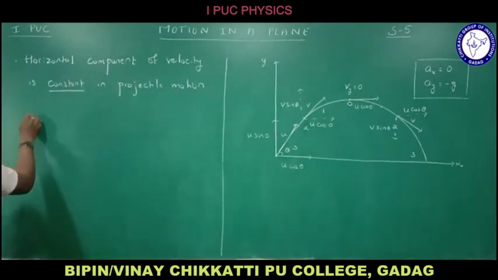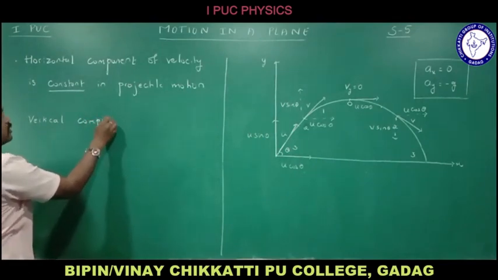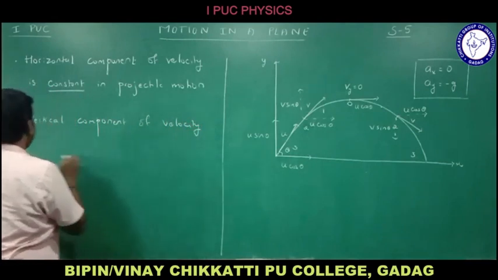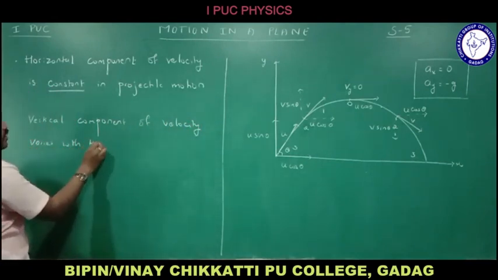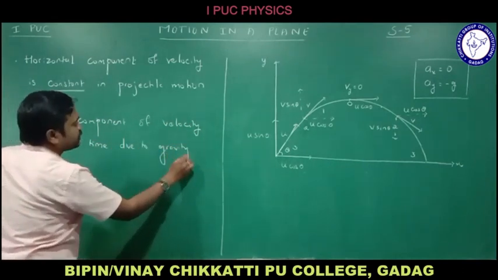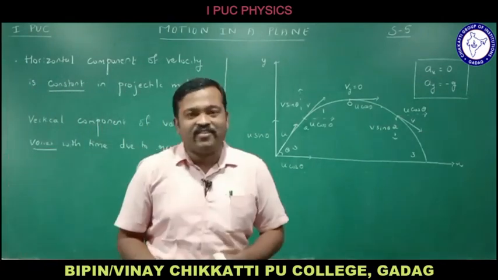Yes, let us go with the second one. That is the vertical component. Do understand, the vertical component of velocity varies with time due to gravity. How does it vary?